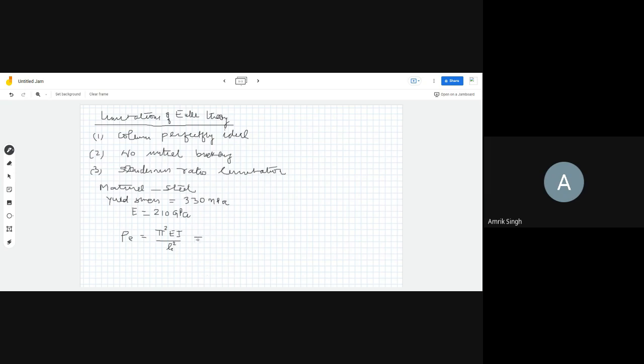So you can write this value of I is equal to A into K square, where K is the least radius of gyration.